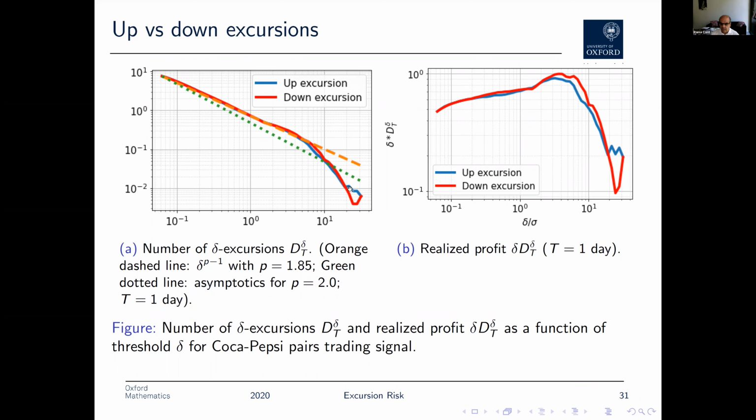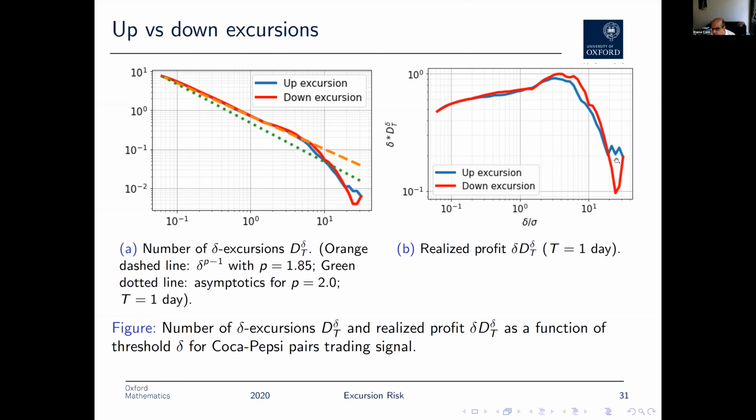Here we do the analysis separately for up excursions and down excursions, shown here in blue and red. And in fact, they have a very similar behavior in terms of number of level crossings and the realized profit if you trade only the up excursions or the down excursions.